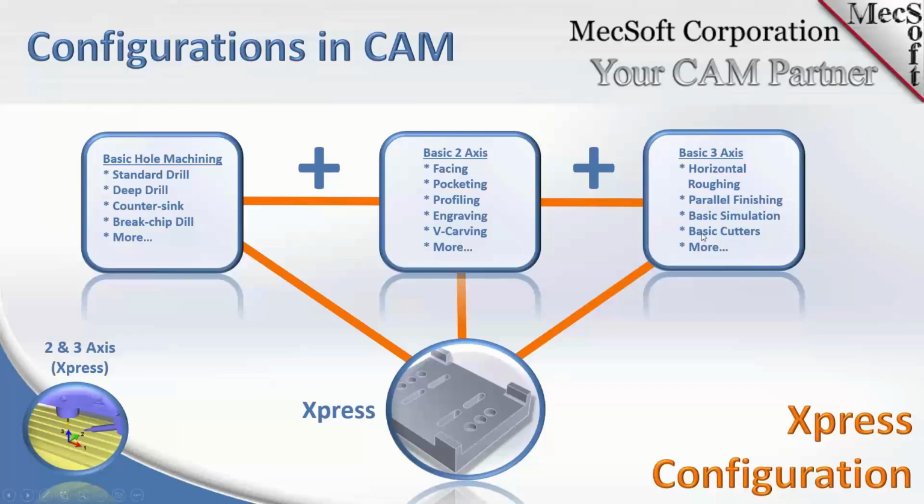And then obviously we talked about the cutters. So that is the Express configuration, again targeted to basic work, like for instance sheet machining, if you're just cutting out patterns, or very simplistic prismatic parts.